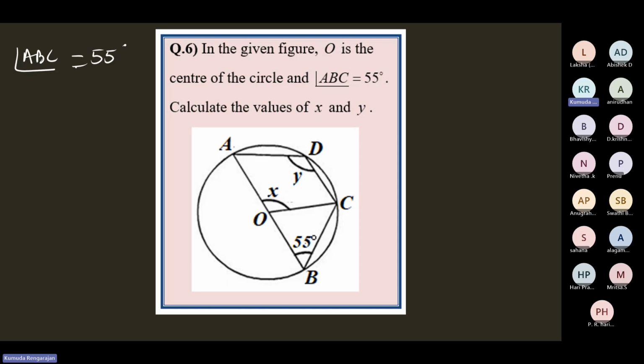So the same arc AC subtends angle AOC at the point O, which is the center of the circle. So the relation between these two angles is angle AOC is equal to twice angle ABC.